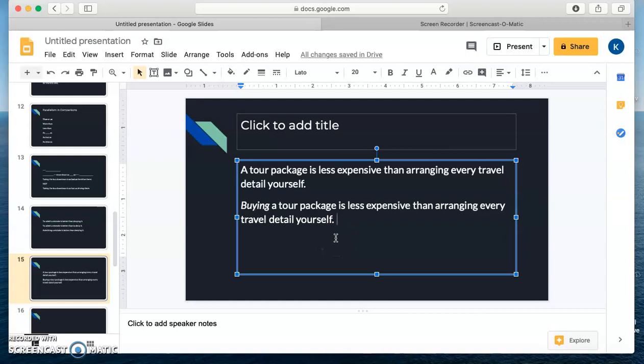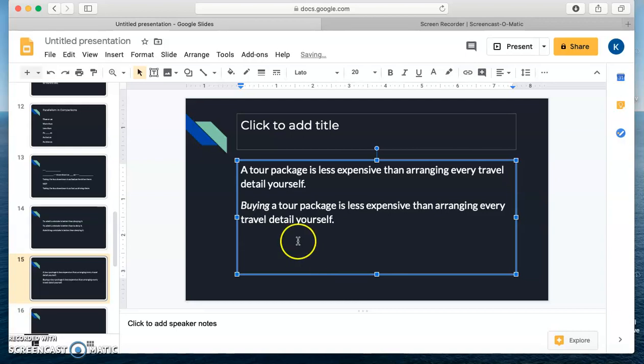that is what makes this sentence parallel. Now, we have an extra adjective in here. We have "every travel detail yourself," as opposed to just "travel detail yourself." But the adjectives don't throw off parallel structure. Ideally, I like to match up my adjectives as well, at least in number, right?